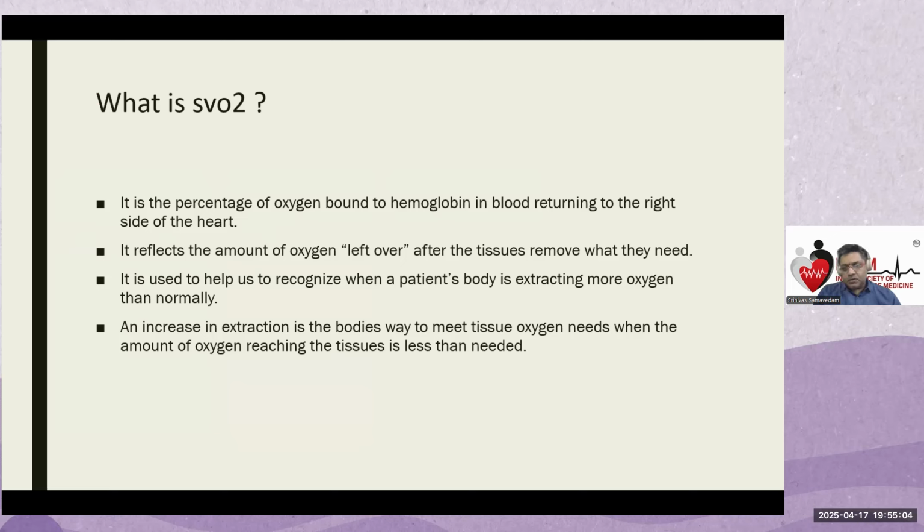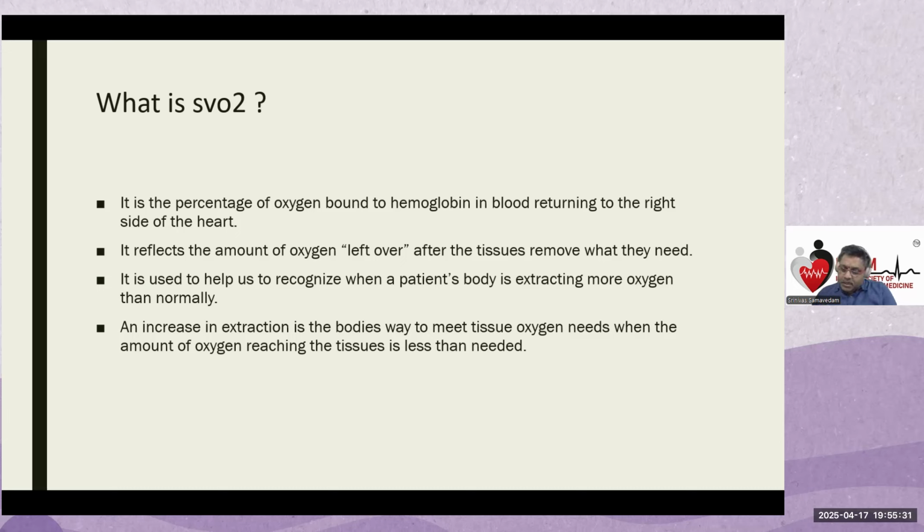What is this SvO2? It is the percentage of oxygen that is bound to the hemoglobin in the blood that is returning to the right side of the heart. For example, if I am giving 98% oxygen at the left ventricle, after it ejects from the aorta, that blood has 98% oxygen. So when it comes back from the periphery, some amount of oxygen is extracted, about 20 or 25%.